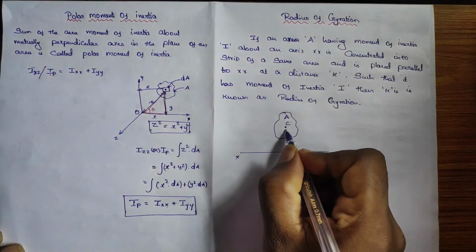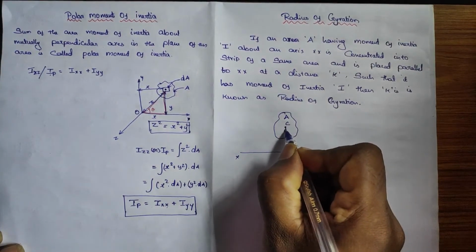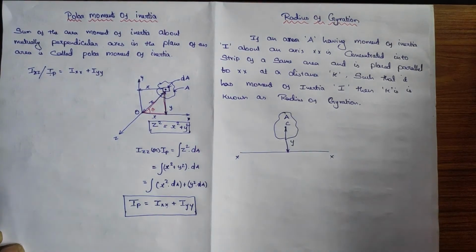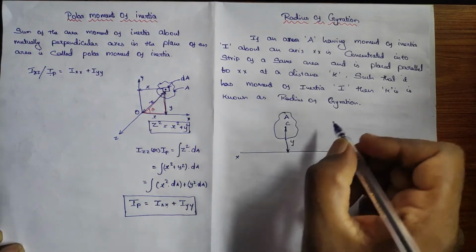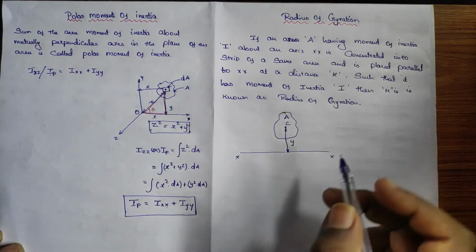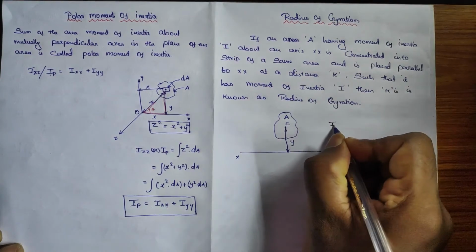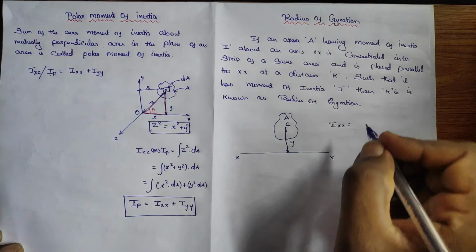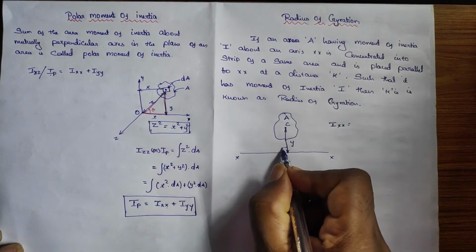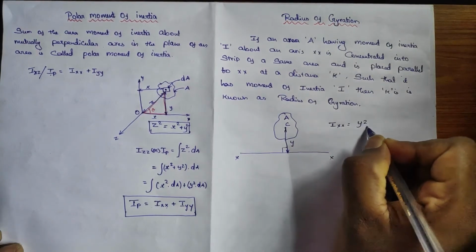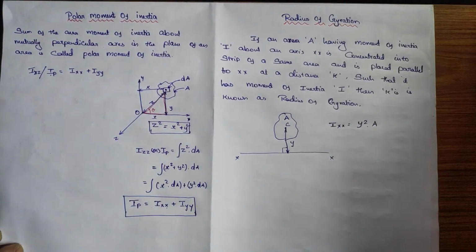The distance between the centroid and the parallel line is y. If I take the moment of inertia about XX, IXX is equal to area into its perpendicular distance, y square into A. It's a general one.